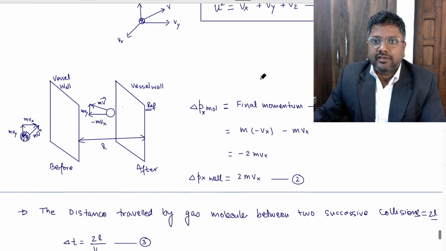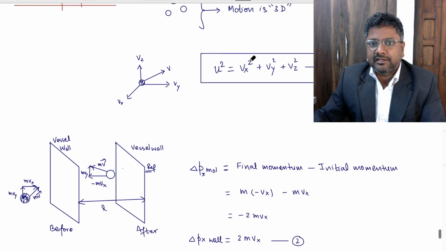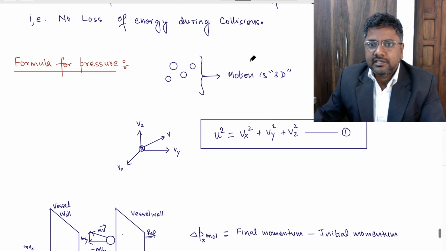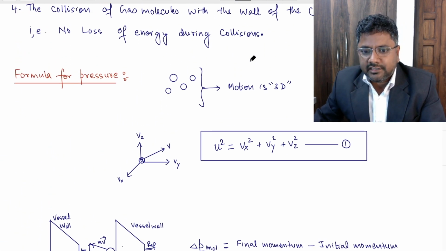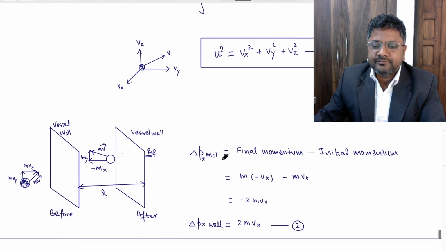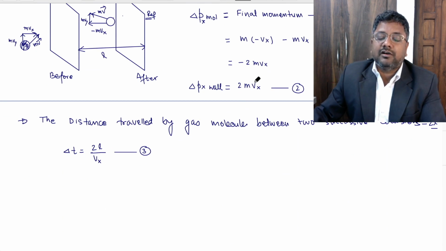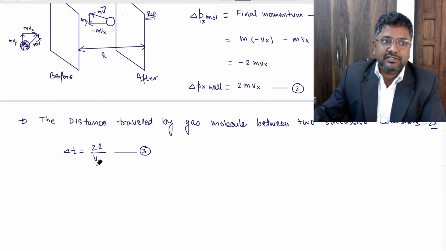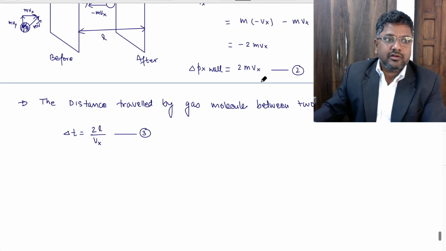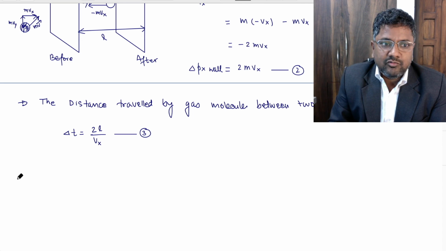First, we made the formula for the velocity and the square of velocity, which is basically the square of speed. Now it becomes a scalar quantity. Second, I made the formula for the change in momentum. Now this is the time. Now the momentum transfer to the wall per second.